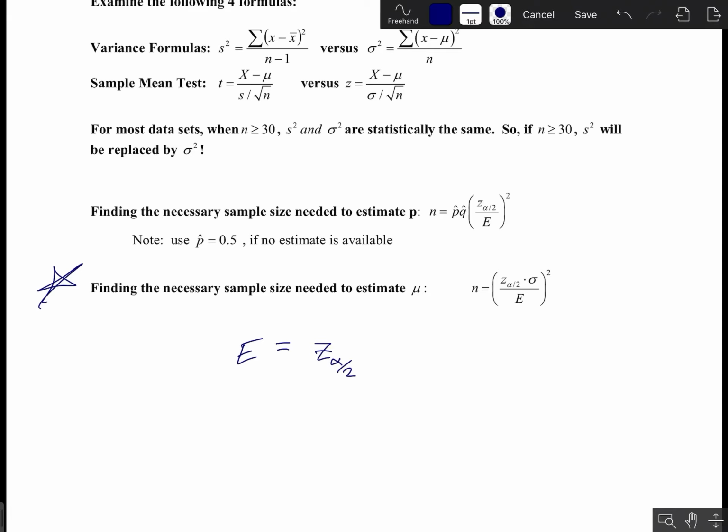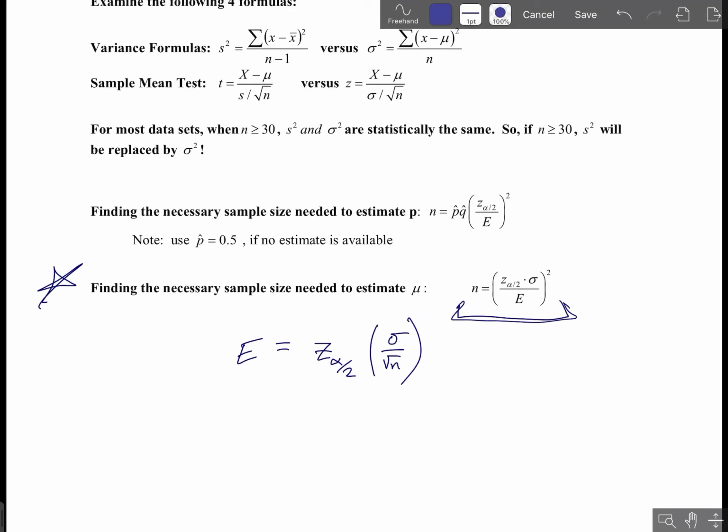Remember, alpha over 2 is the right area in this particular example. And then times sigma over the square root of n. If you rearrange this equation to solve for n, what you get is this equation. So this is the second formula that we're going to be using, but it basically follows from the first formula. This is just another way of rewriting the error.